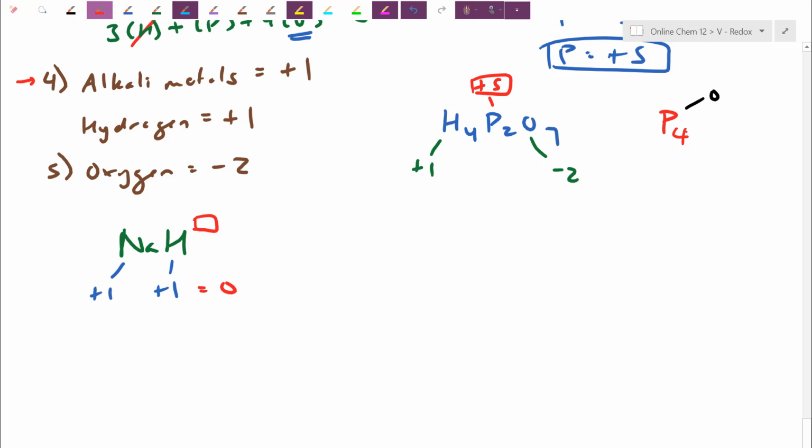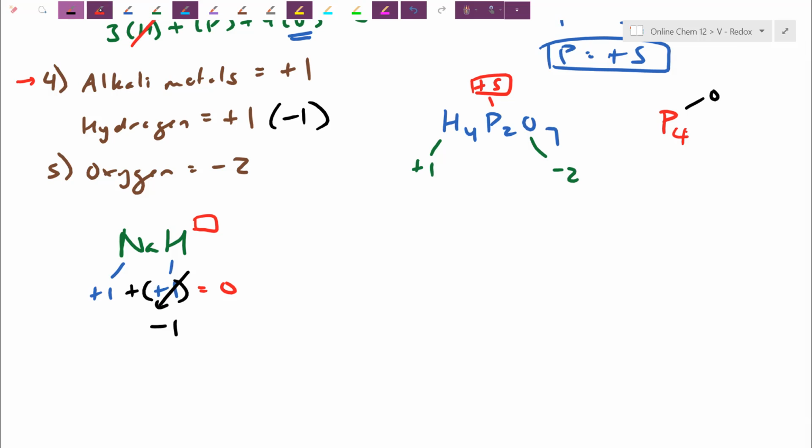I'm going to keep that rule. The alkali will typically take on a +1. If hydrogen, for this instance, wasn't actually +1, what would hydrogen have to be to make sure they actually give 0? In this case here, hydrogen as a nonmetal is actually -1. So in a really rare case, sometimes hydrogen is actually going to be -1. More often than not, it's going to be +1.